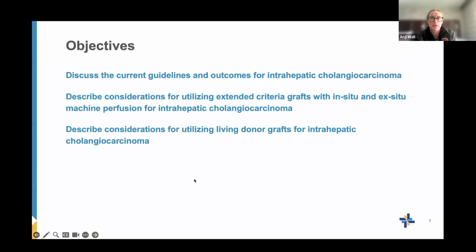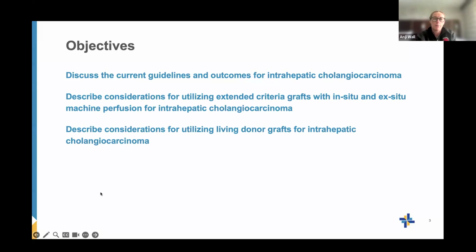So what we're going to talk about today are current guidelines and outcomes, just a little bit of data on outcomes for intrahepatic cholangiocarcinoma, describe some considerations for utilizing extended criteria grafts with in situ and machine perfusion for intrahepatic cholangiocarcinoma, and then a little bit about creative use of different types of extended criteria grafts.